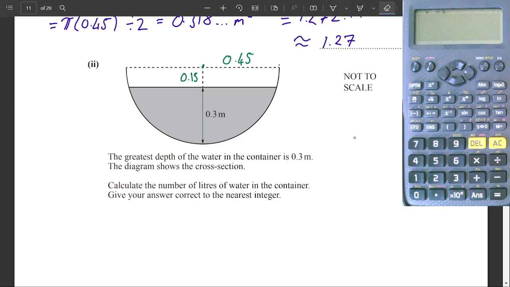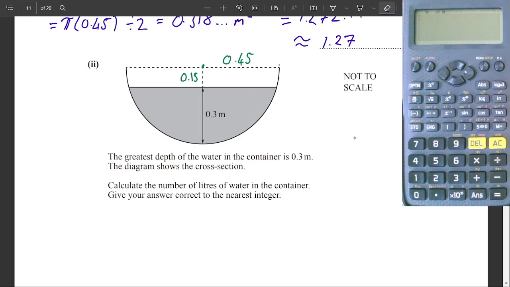Okay. Do note very carefully, we don't know the value of this line. It is less than 0.45, more than 0.3, but we can't make any assumptions.